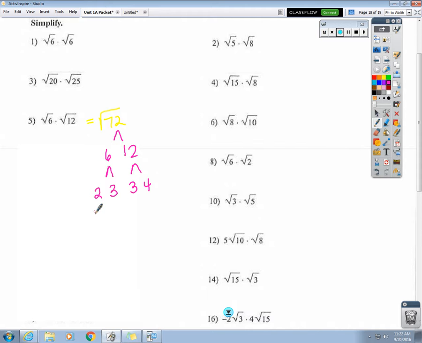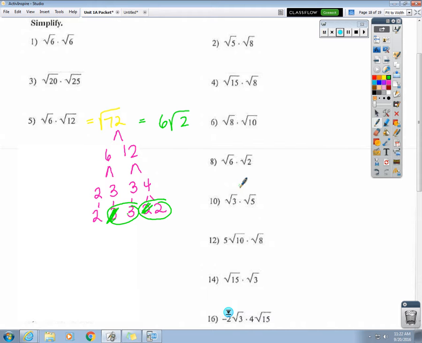And then everything's prime so far except for this 4, which breaks down to another set of 2's. So how many pairs can I circle? Right, I have a set of 2's and a set of 3's. What's the only thing not circled? So he goes back inside. Get rid of one of each of the pairs. The others get kicked out, making a 6.